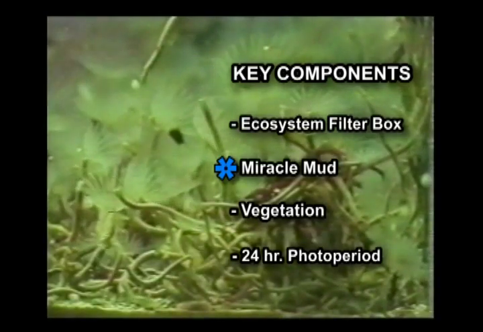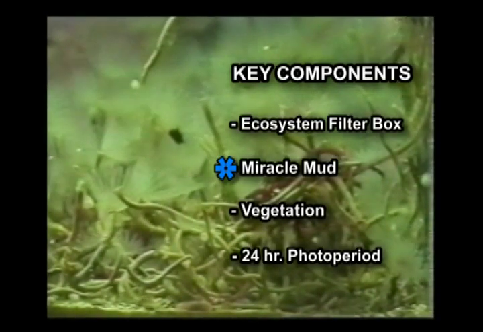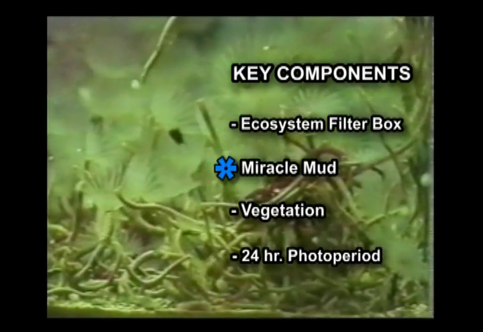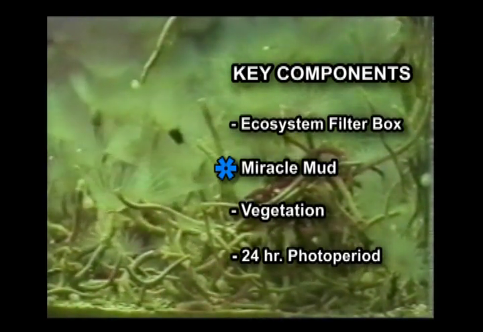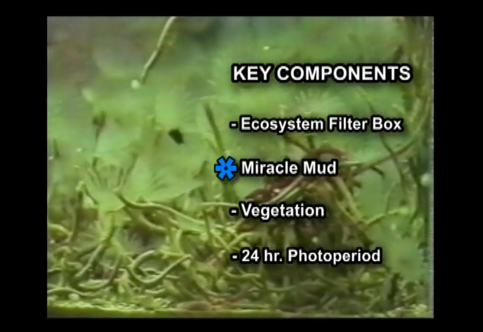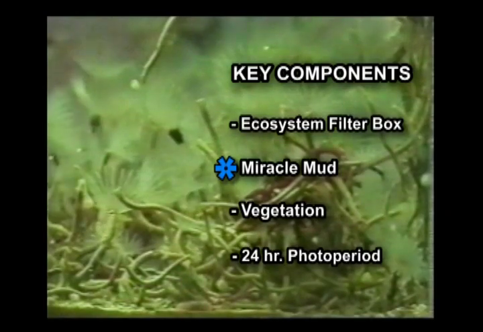Miracle Mud also acts as a rich and biologically diverse refugium substrate, producing large quantities of phytoplankton and zooplankton, enough to provide most filter-feeding corals with all the food they need to survive and thrive.